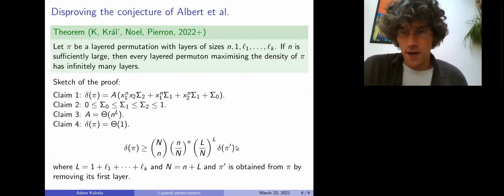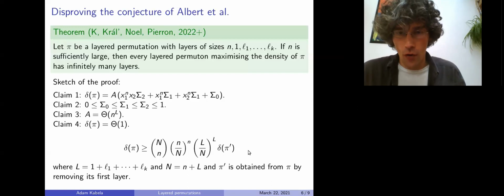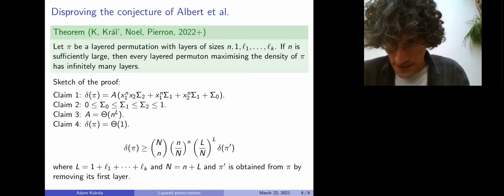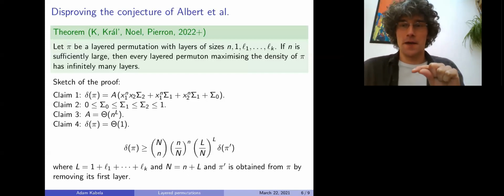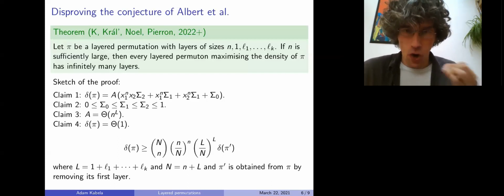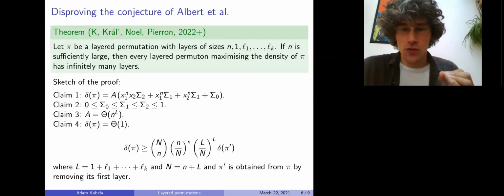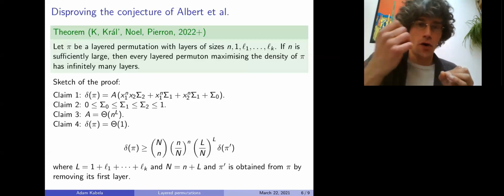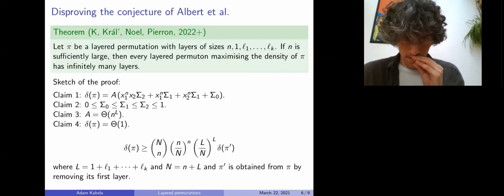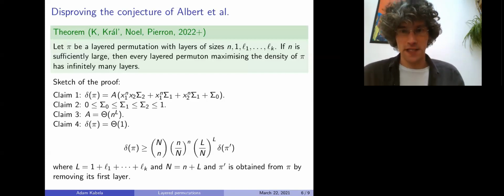So this whole thing gives a lower bound on the density of pi in the auxiliary permutation. And because the permutation we originally considered is optimal, it's maximizing the density of pi, this lower bound also works for the permutation we consider for the maximizer. Right, so we get this inequality.